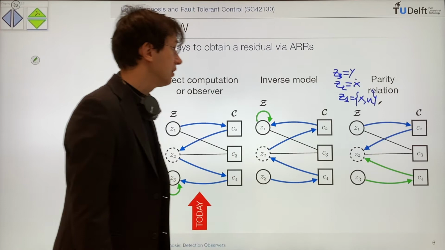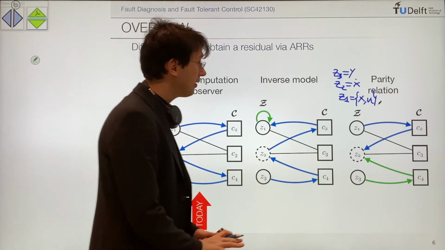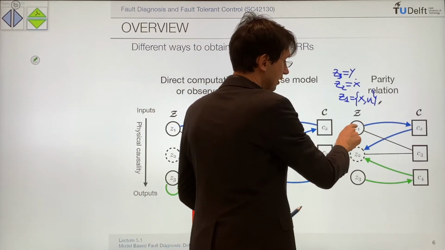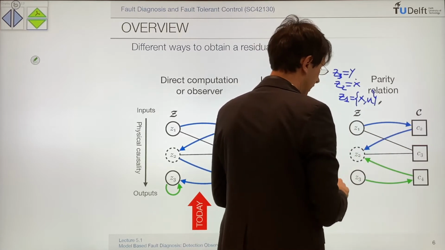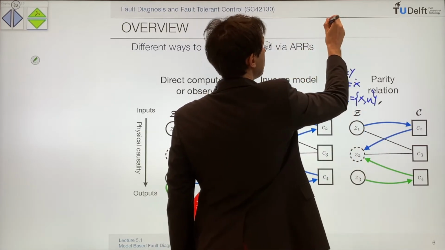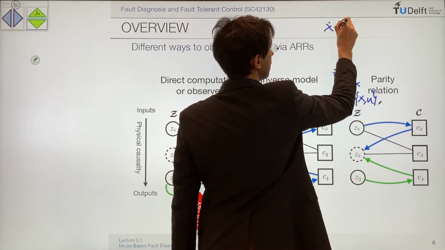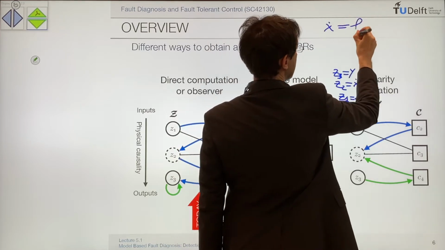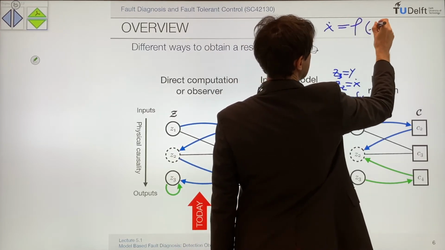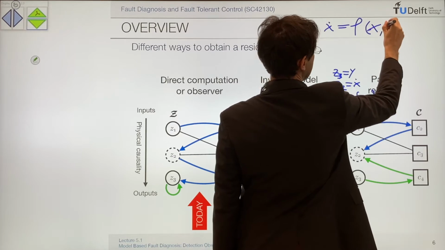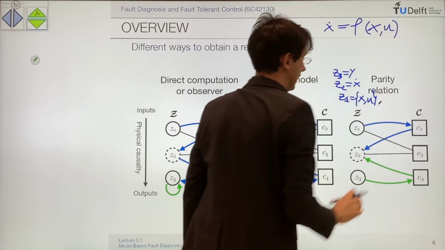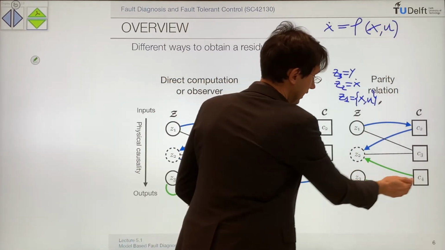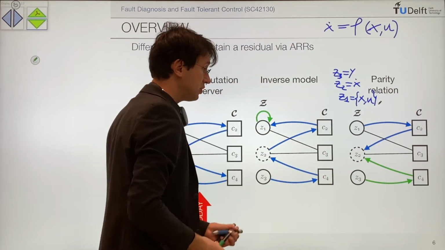What parity relations are doing is to check this forward relation, which means to compute x dot using the model, which generally we write as some nonlinear function of x and u. And then to do the inverse check using the measurement.